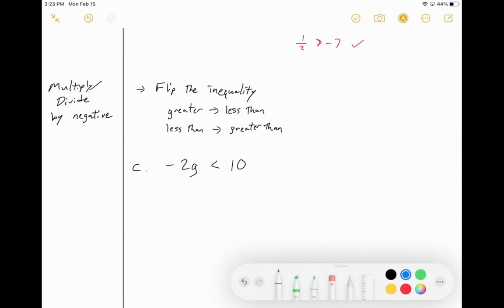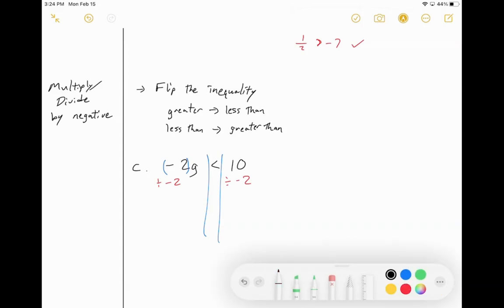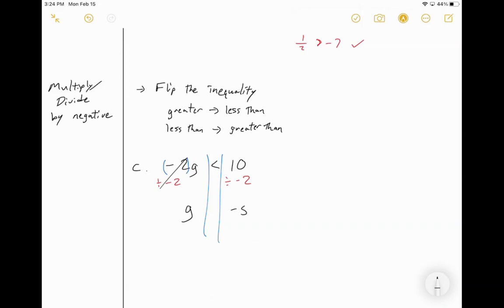But here's the difference. Remember, this is not plus 2, this is negative 2 times g. If you need help there, the parentheses might help. So I need to divide both sides by negative 2. That cancels out, leaving g, and this is going to be negative 5.